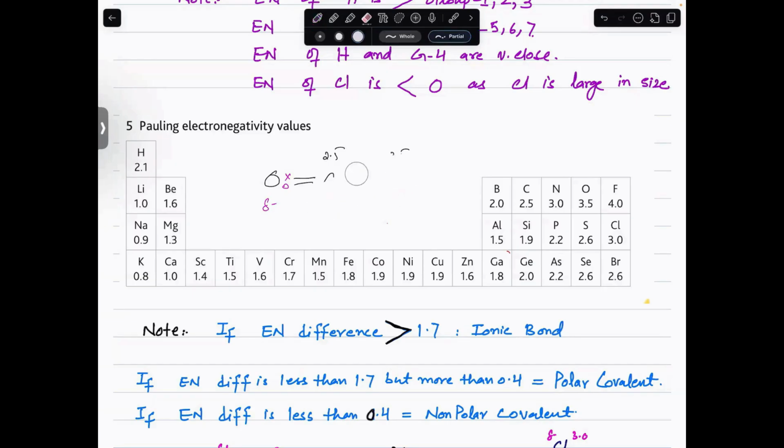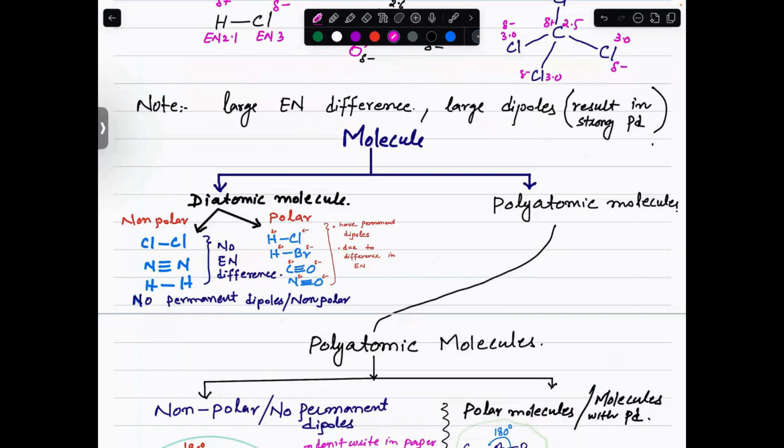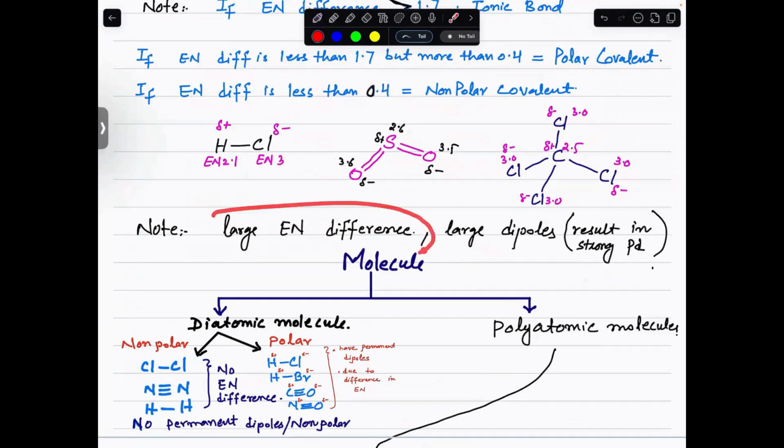But after bonds, now we are going toward molecules. One more thing, this point is very important in the recent papers. Look, the difference here is how much? Just 0.9. The difference here is how much? 2.6 and 3.5, so 3.5 minus 2.6.